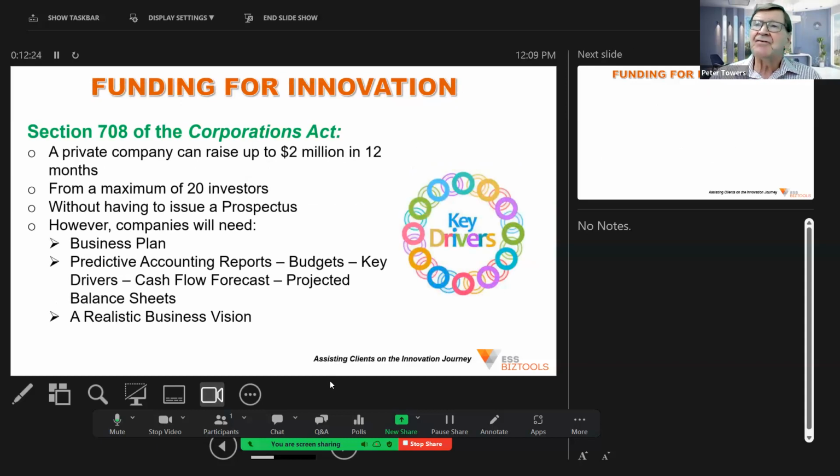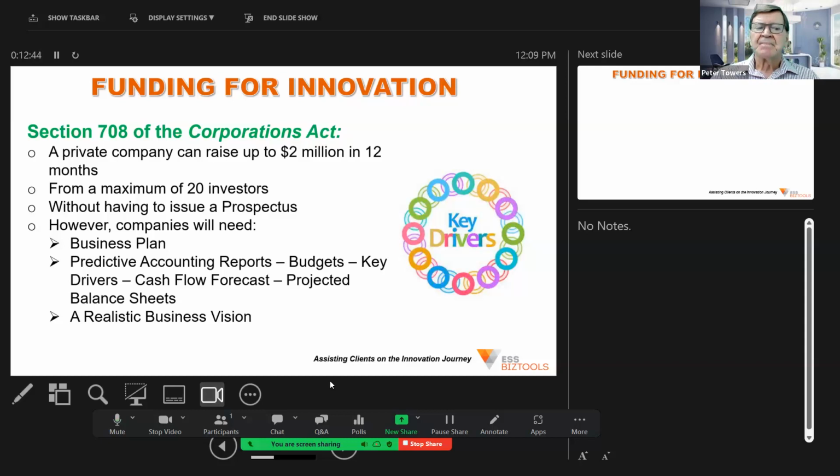We have Section 708 of the Corporations Act, first introduced over 40 years ago. Originally it had an upper limit of $1 million in 12 months, and a few years later it got changed to $2 million in 12 months, and it's remained the same ever since.